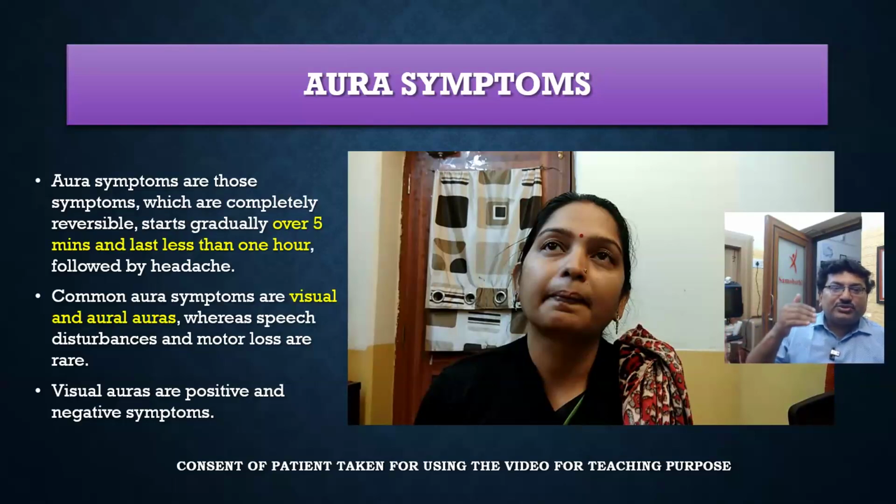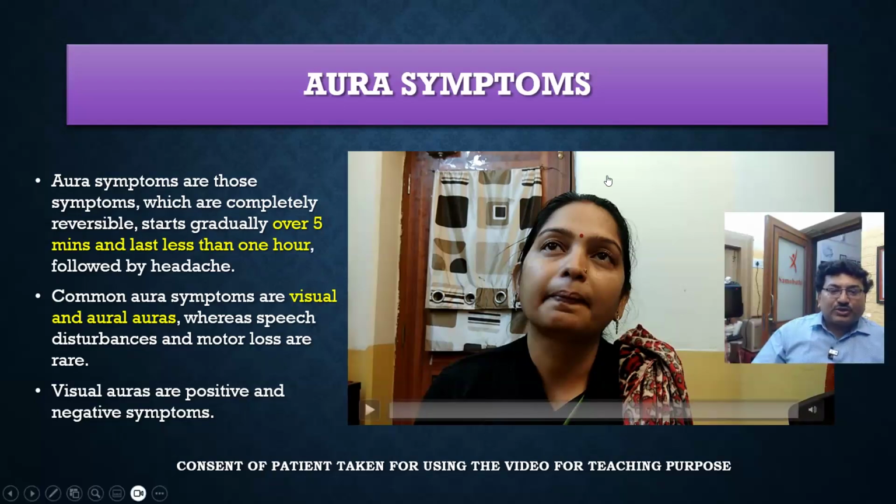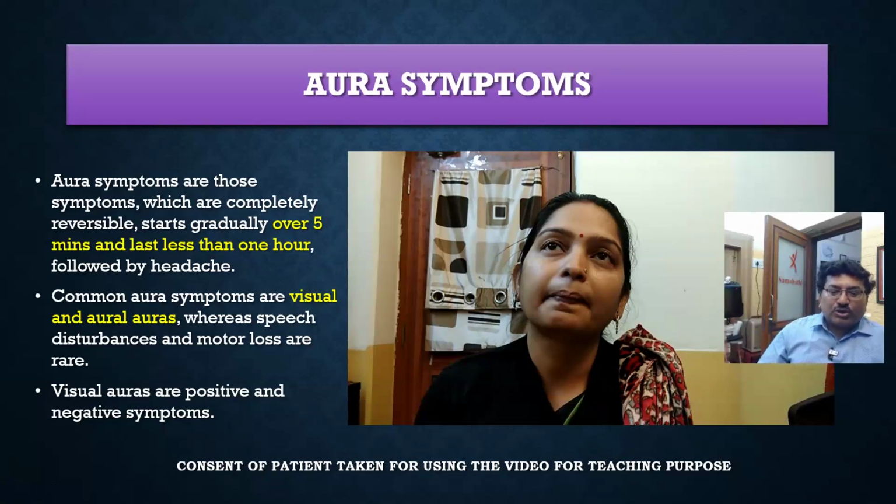So those symptoms will be coming before the headache, usually starting 5 minutes to 1 hour before. Common aura symptoms are visual aura symptoms, whereas there could possibly be speech disturbance, motor loss, though they are very rare. Visual auras have both positive and negative symptoms.